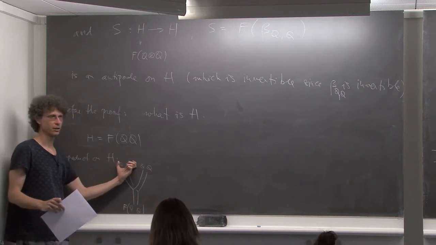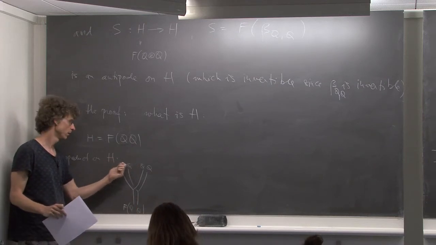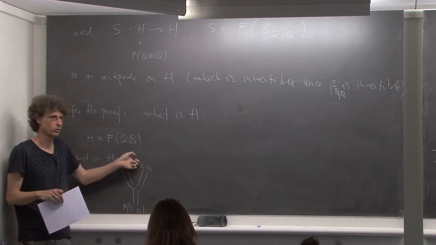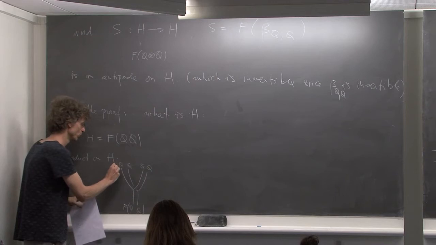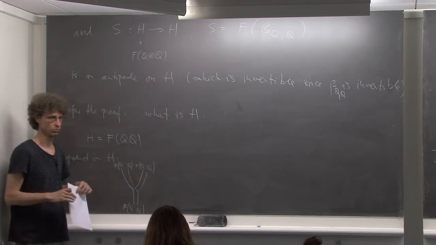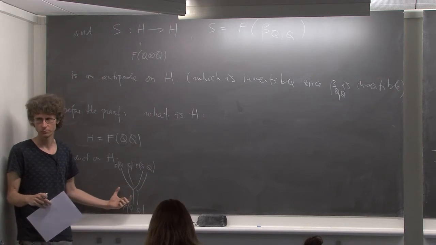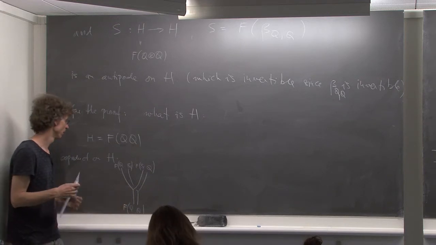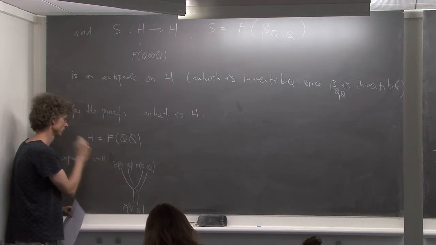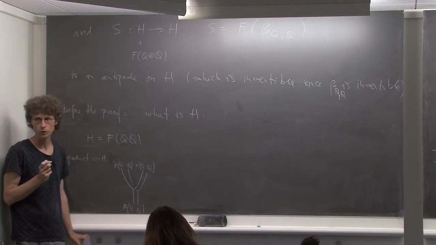You would get F of QQQQ, but instead you apply this comonoidal structure, because you want to go down to F of QQ tensor F of QQ. That's it. That's the coproduct. It's reasonable. The counit is the same stuff.